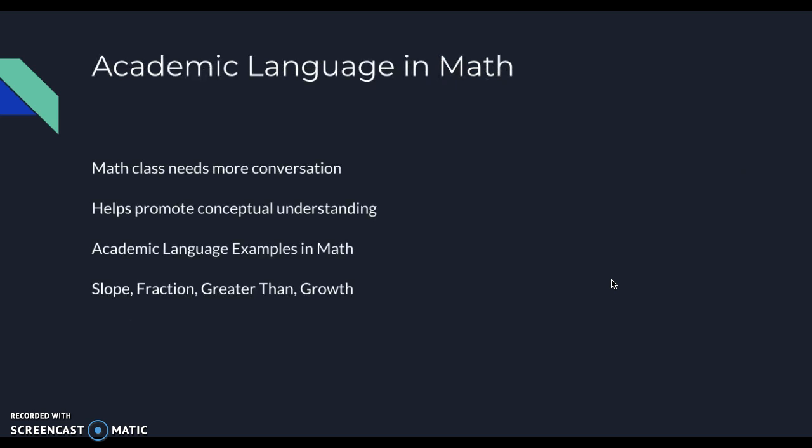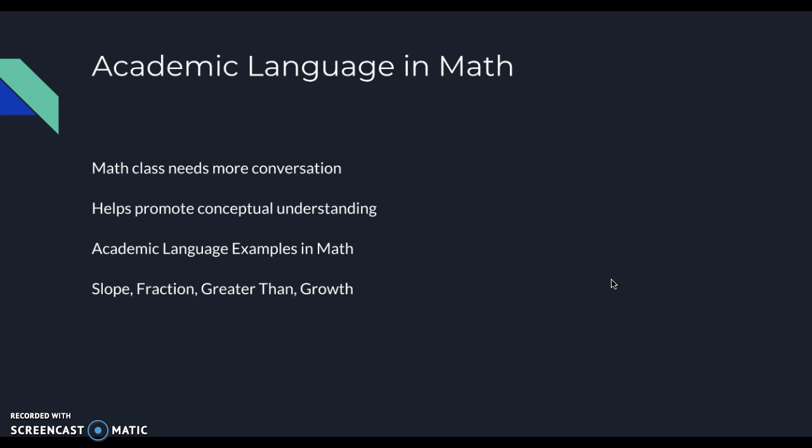Academic language and math. Very often math is seen as a silent subject. Students will be taught how to do something on the board, and then they just go on their paper and duplicate that 20 times in different sets of problems without much conversation happening.